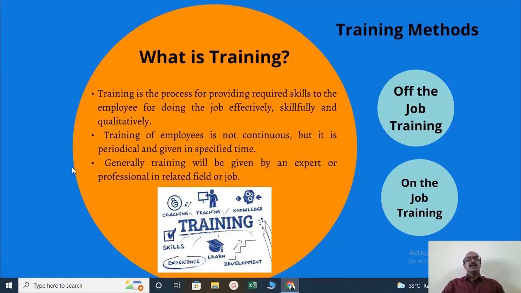For this, training is mandatory for every new employee in an organization.